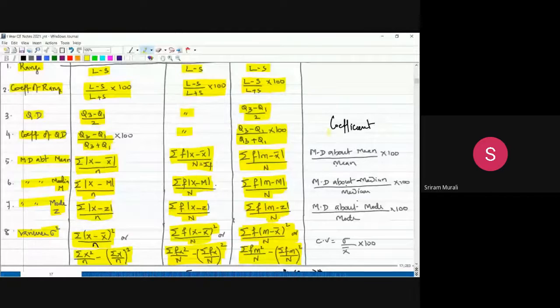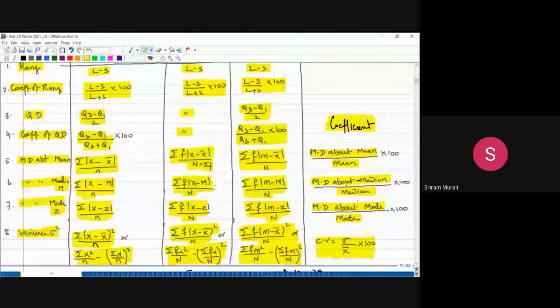These are the formulas for coefficient of MD about mean. That is MD about mean by mean. It is MD about median by median. Replace mean by median, replace median by mode. So the same formula differs only in mean, median, mode. At last, this is the coefficient of variation, sigma by x bar into 100.